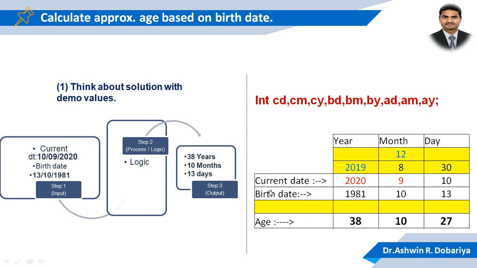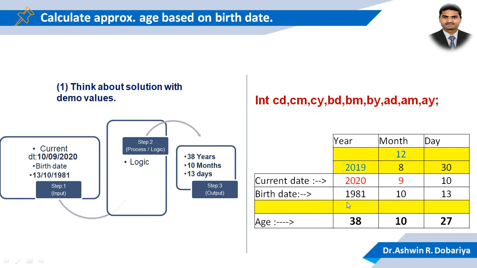First condition is if the current date is greater and the birthday is less, then we directly subtract. If it is not, then we have to minus 1 month and add 30 days, then we subtract. Similarly in month, so we have to verify day separately, month separately and year separately.